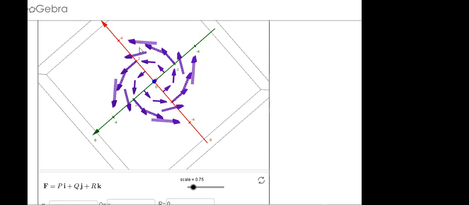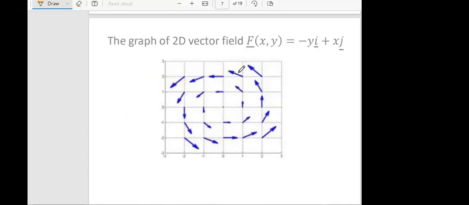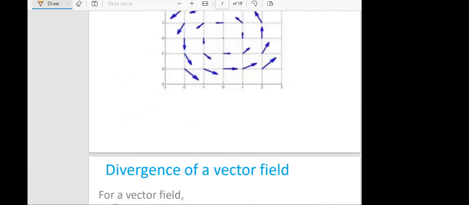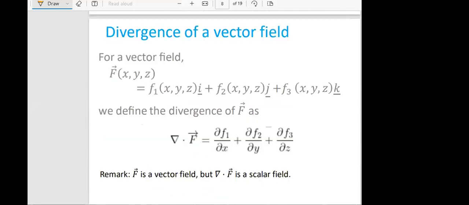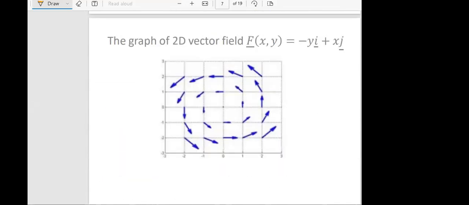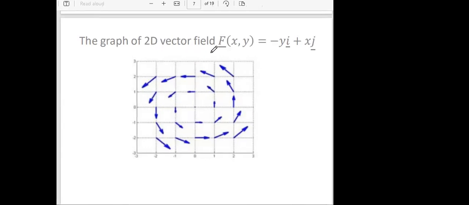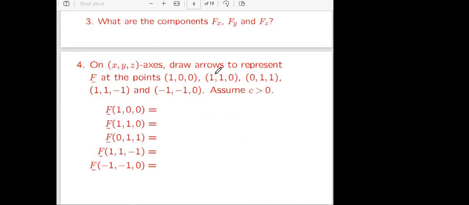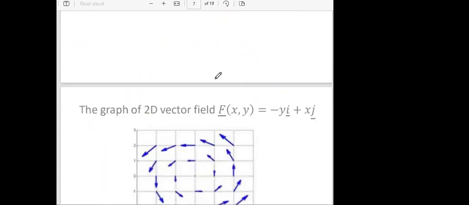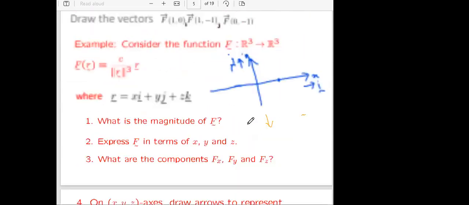How do you call this? Something like this, turbulence at this point. Like that you can draw vector fields, in 2 dimensions or 3 dimensions, right?